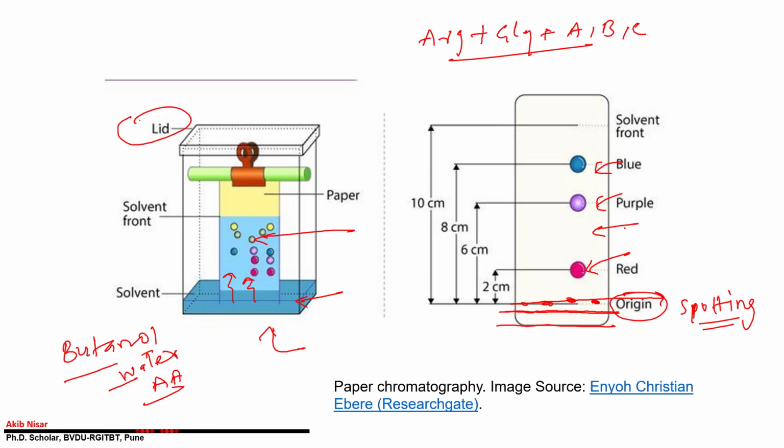You will observe that the paper looks the same, like a blank paper. But if you spray ninhydrin solution onto this paper, you will observe that there is color creation. On the basis of that color, you will observe that this amino acid reached here, this one reached here, and this one reached here. This is a different concept. We will discuss it later in a different lecture. Don't worry about that.